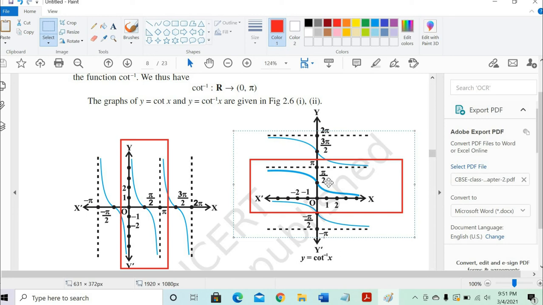So your unique values are between 0 and pi, provided you don't take 0 and pi into account. So the range will be all real numbers between 0 and pi, with 0 and pi not included.